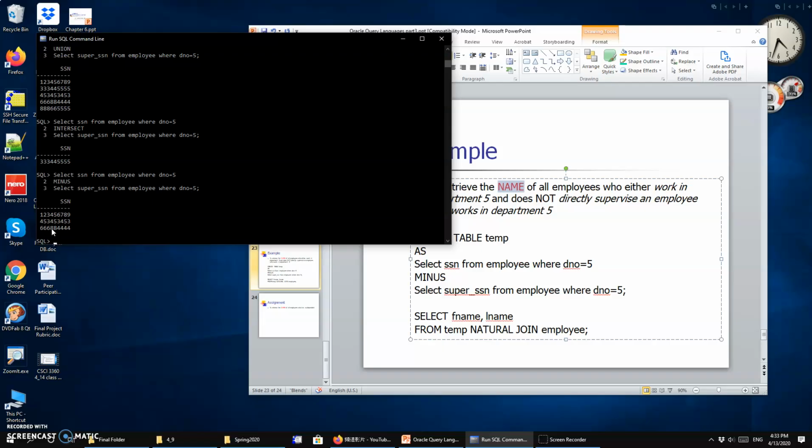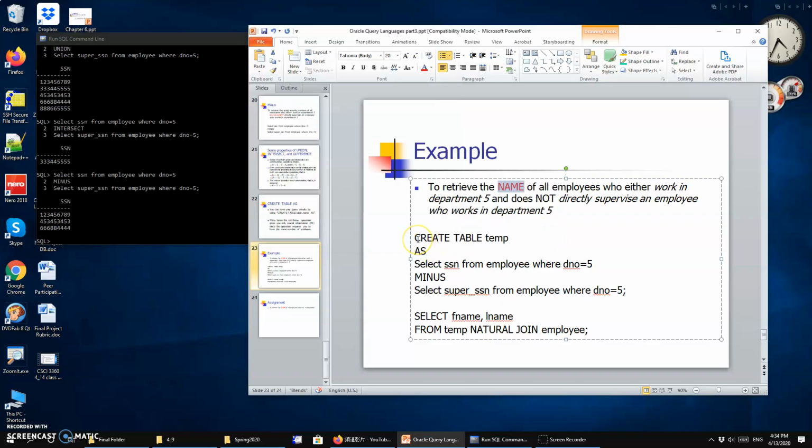We basically need to use the social security number that we retrieve over here to join with the employee table so that we can get a name. Therefore, this is where we need to use create table as. So you can see that when we do the create table temp as operation, whatever results you get from the select from where over here, you can do whatever kind of operation, the queries, the result will be saved into the table name that you provide.